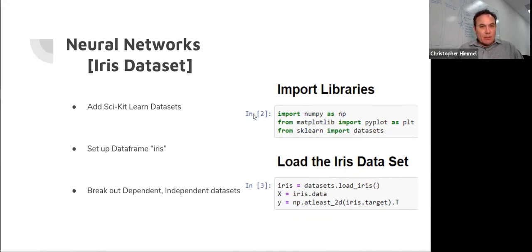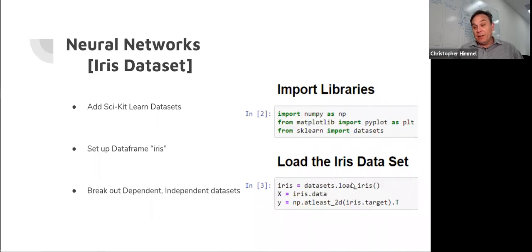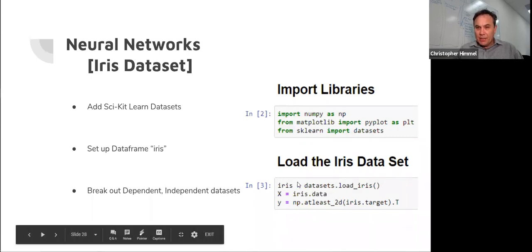So what we did last time was very similar to this, but we're also pulling in from scikit-learn. We're importing data sets because the Iris data set is standard. It comes with scikit-learn. Scikit-learn comes with several data sets, this being one of them. So this is how you do it.